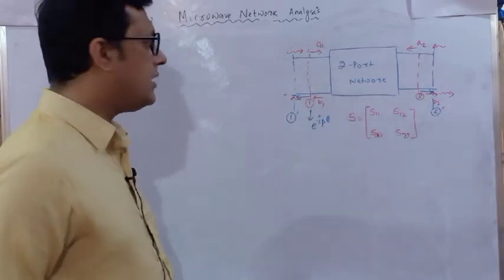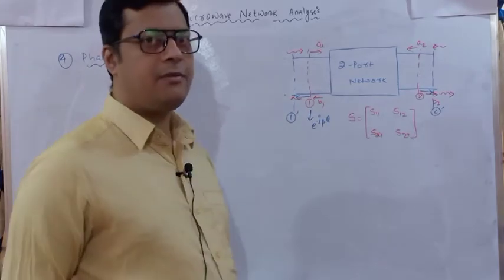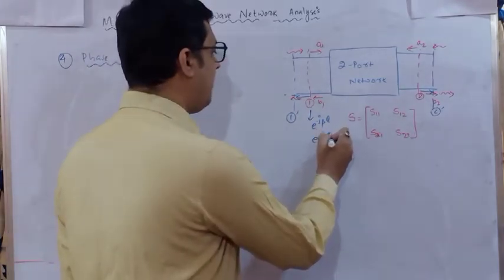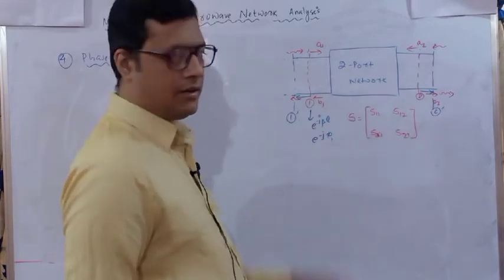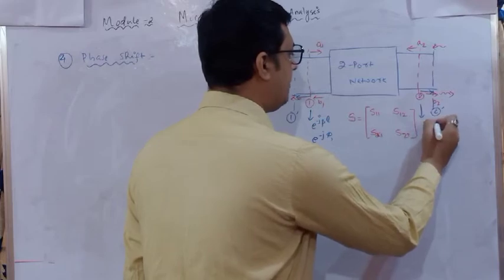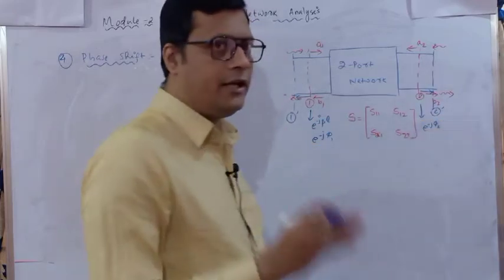So at port 1 I can write e to the power minus j phi 1, and similarly at port 2, e to the power minus j phi 2, at the initial positions.